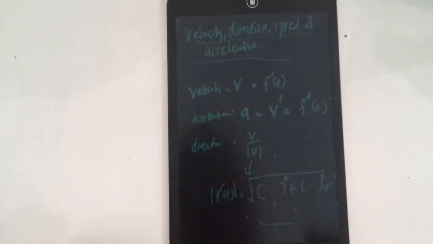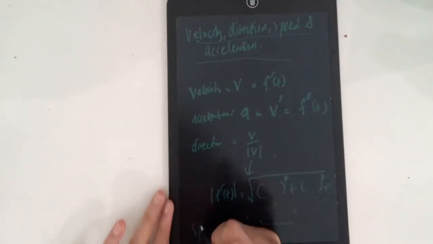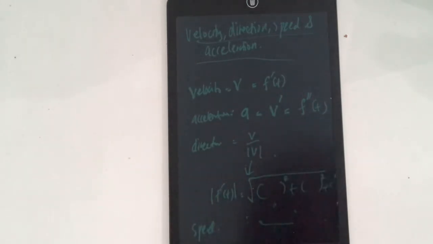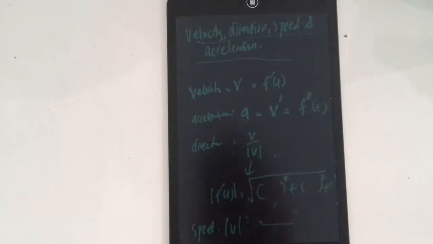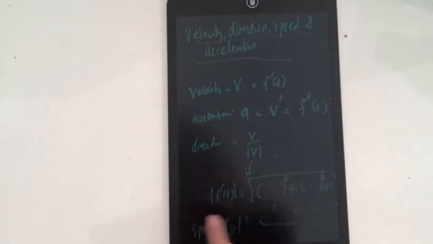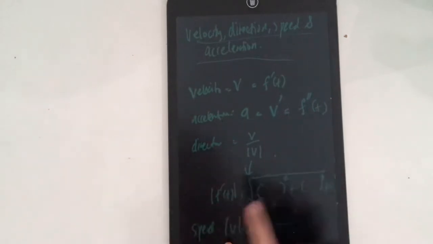Okay, the last one is speed. To get speed, speed is a magnitude. So speed is magnitude v, or as I wrote just now, magnitude f prime.